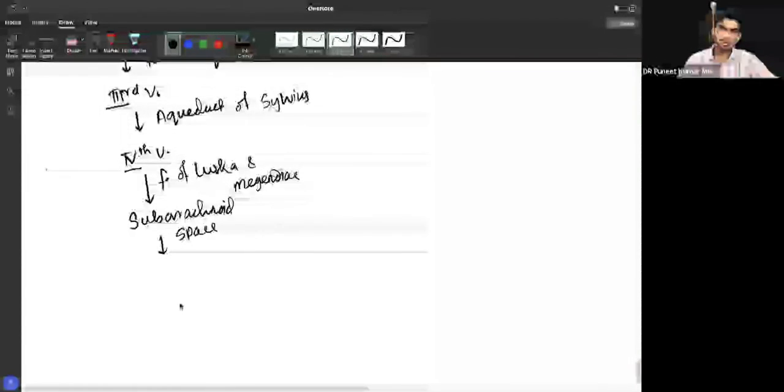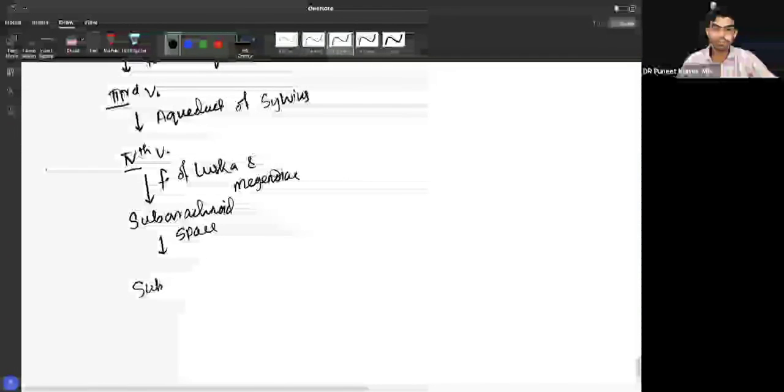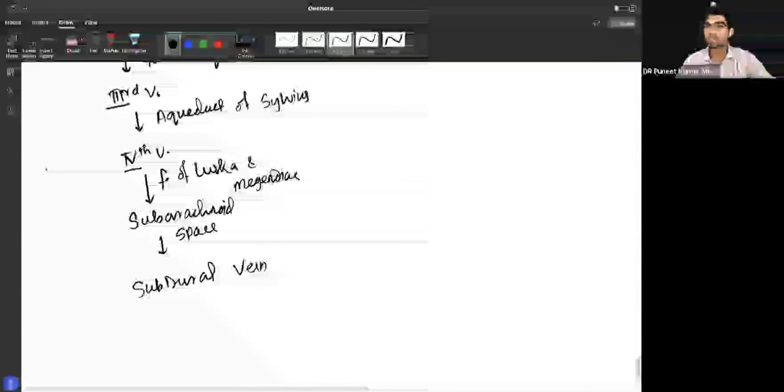Now the CSF goes to your great dural sinuses, the subdural venous sinuses, because ultimately the CSF has to be drained into the venous sinuses.